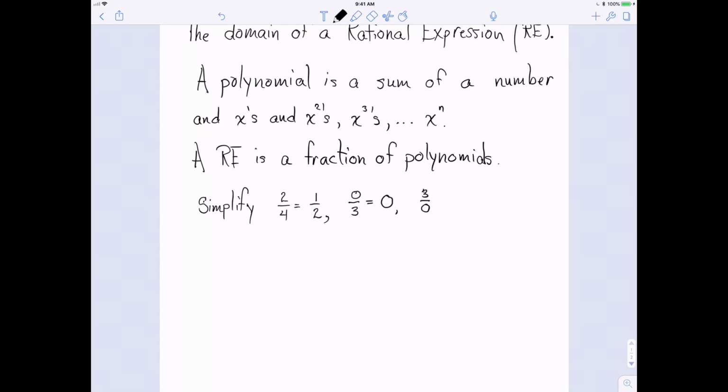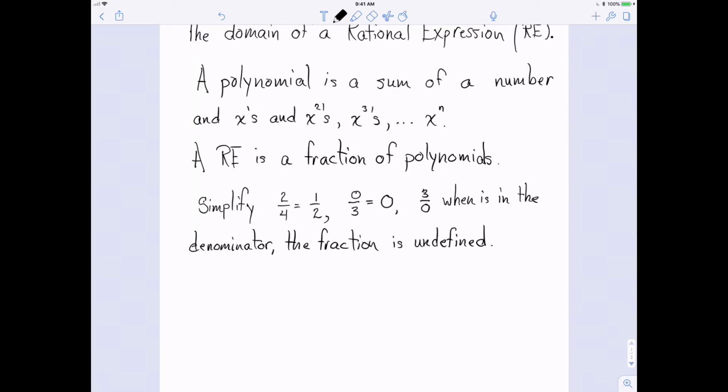When 0 is in the denominator, we say that the fraction is undefined. It's not even a number. It doesn't make sense. So we just simply say 3/0, or 3 divided by 0, is undefined.